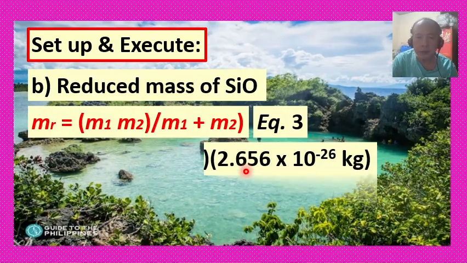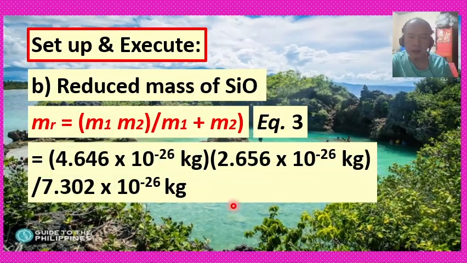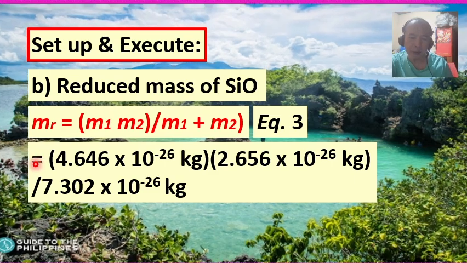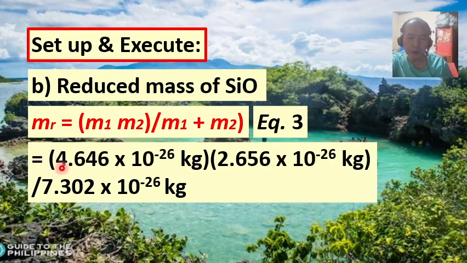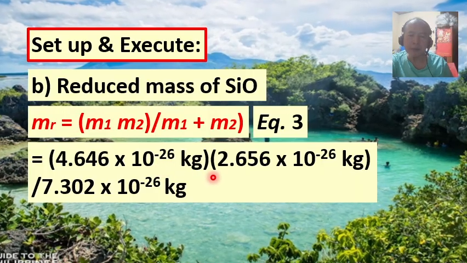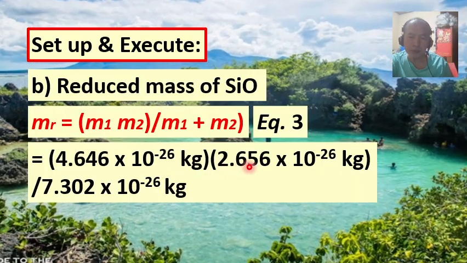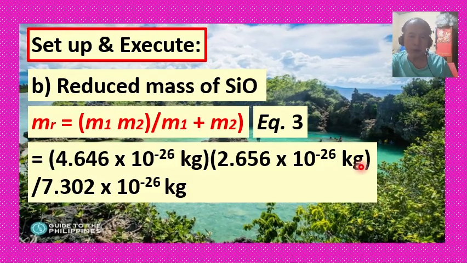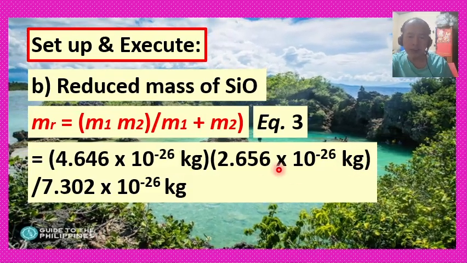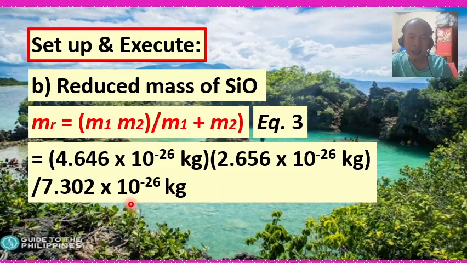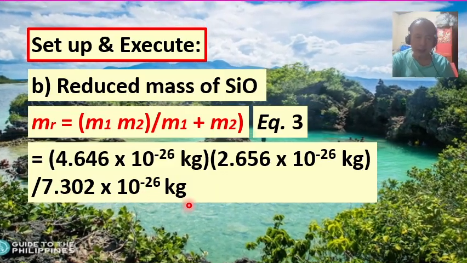Substituting the quantities, we have the reduced mass m sub r equal to 4.646 times 10 to the negative 26 kilogram times 2.656 times 10 to the negative 26 kilogram, all over the sum of the two masses, 7.302 times 10 raised to the negative 26 kilogram.